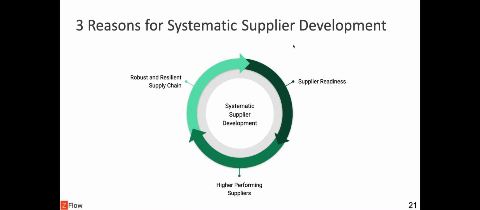So if we have to make a case for supplier development internally, we would leave it with 3 points that you can highlight, right? Supplier readiness. A lot of times supplier readiness is very important, especially during NPI programs. You definitely want high-performing suppliers, as many as possible, and a robust and resilient supply chain.